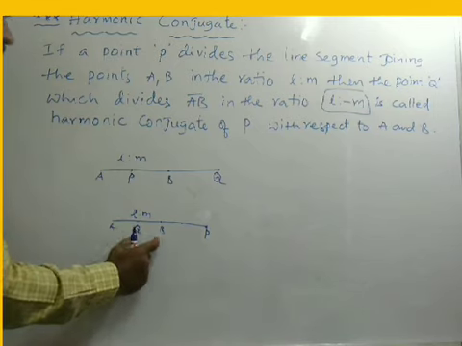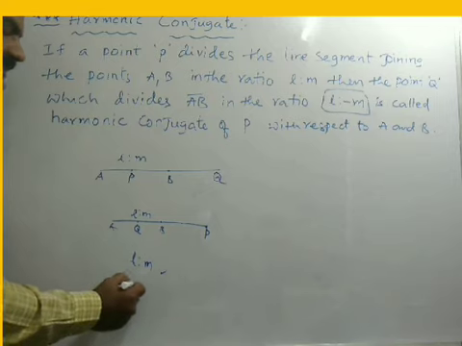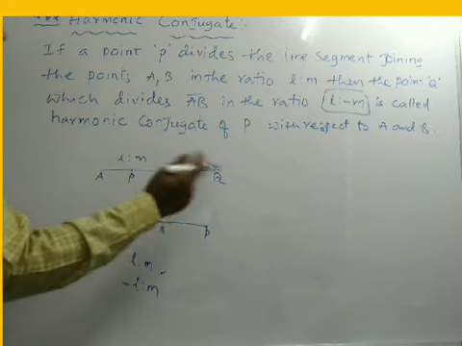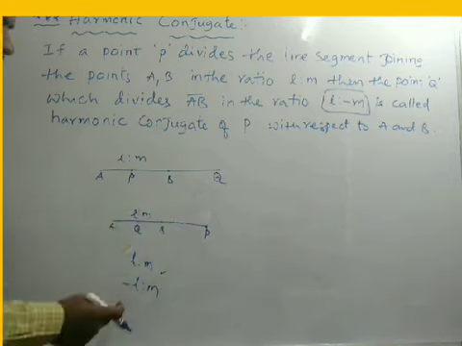So both ratios are the same. So instead of internally and externally, we say that if one point divides in the ratio L is to M, then the other point divides in the ratio minus L is to M. L is to minus M is nothing but minus L is to M. Do you understand? Then each point is said to be a harmonic conjugate of the other.